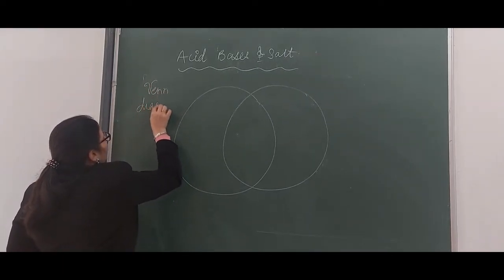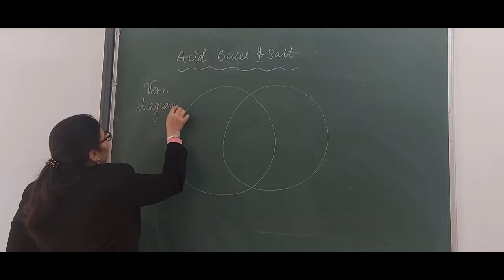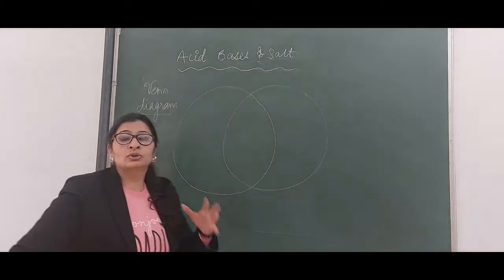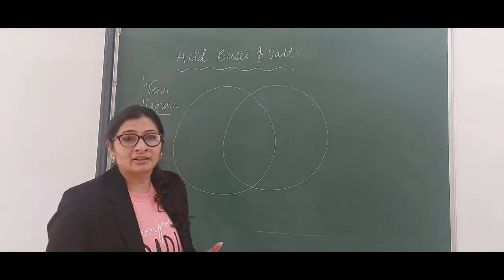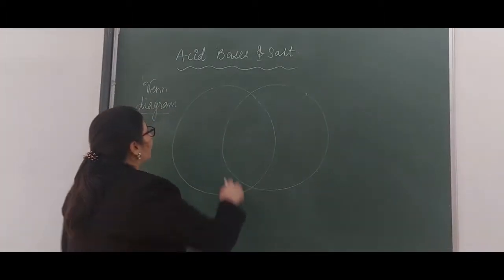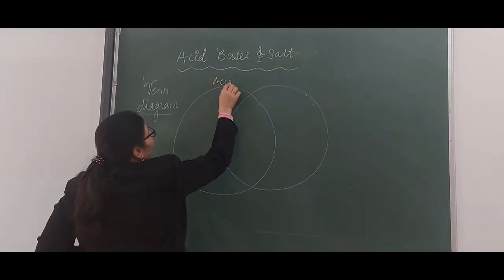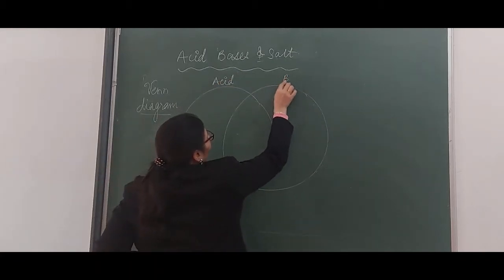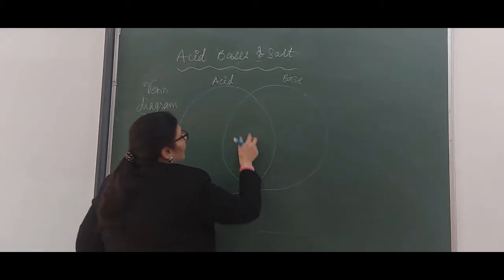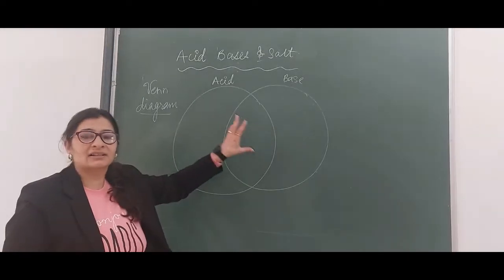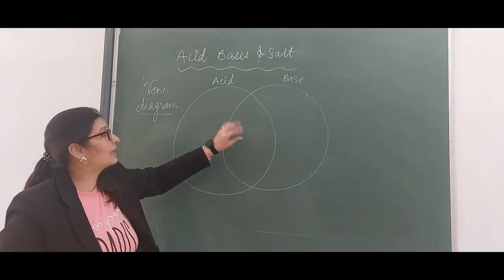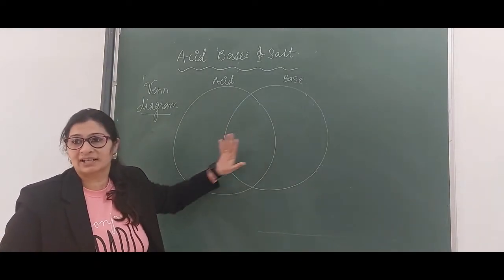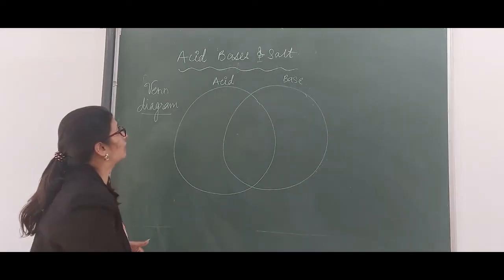We use a Venn diagram to compare the characters of two things. This is for acid, this is for bases, and the characters which are common in these two, we can write in the center.